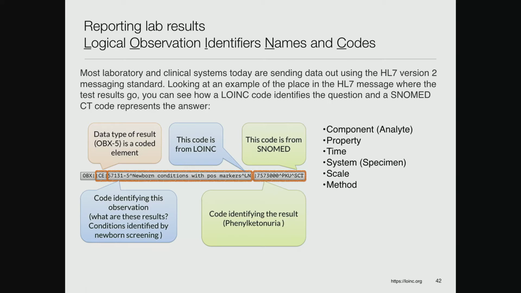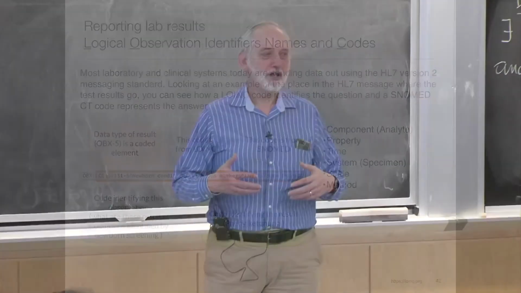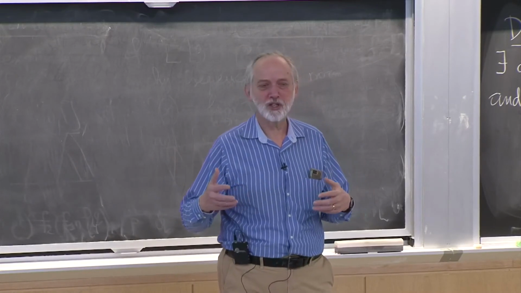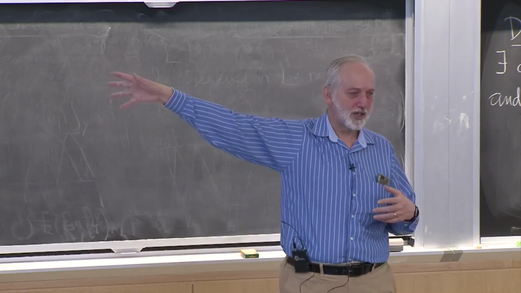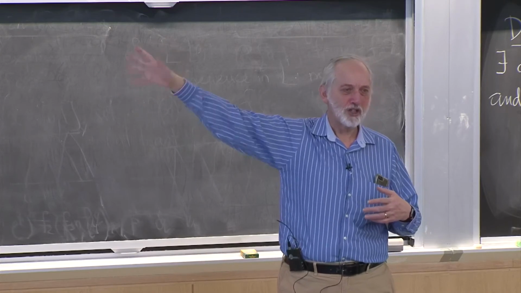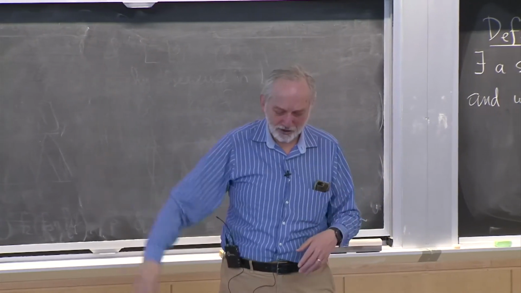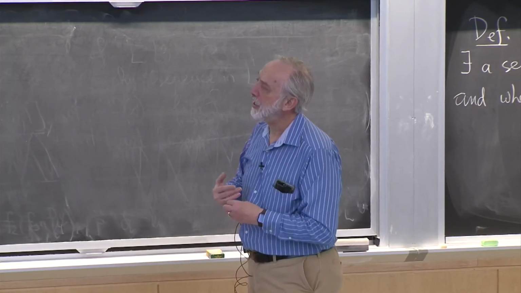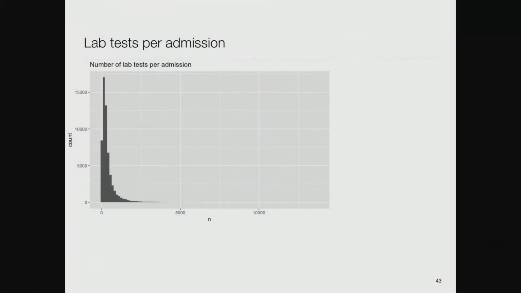This string is the way that your hospital's EHR or your doctor's office system figures out what the result of the test was. HL7 is this 30-something-year-old organization that has been working on standardizing stuff like this, and LOINC is part of their standardization. So if you look at these, you say, well, again, how many tests per admission?